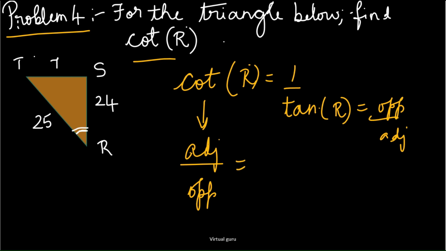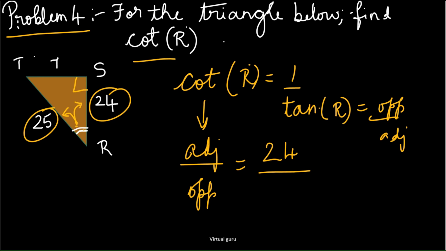What is the adjacent side here? This is our R, this is 90 degree. It is not required here. Adjacent means next to R. So 25 is the hypotenuse. So obviously our adjacent side is the non-hypotenuse side. So that is 24. Then opposite is 7. So this is the answer.